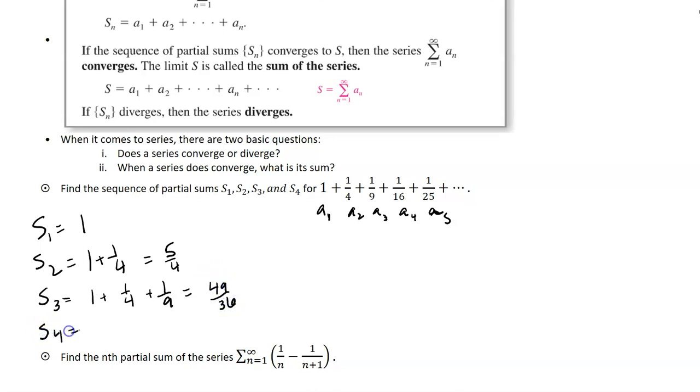And S sub 4 is going to be 1 plus 1/4 plus 1/9 plus 1/16. I'm just going to the next term in the list. And that gives me 205 over 144. Now it's not as bad as it sounds, because once you found S3, all you would have to do is take that number and add 1/16 to it to get to the next one.